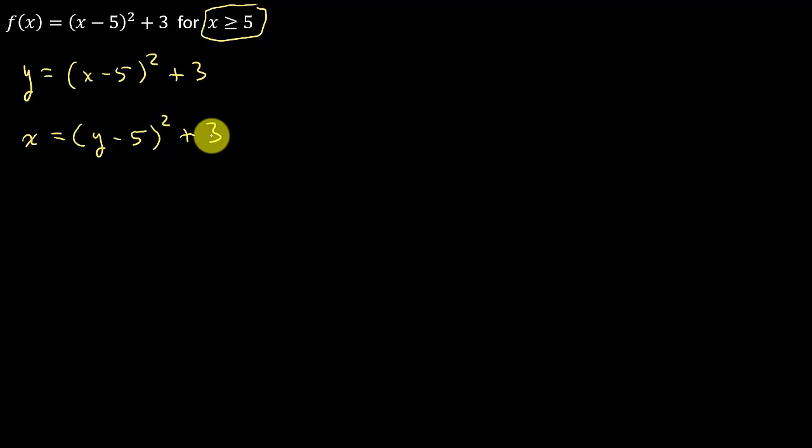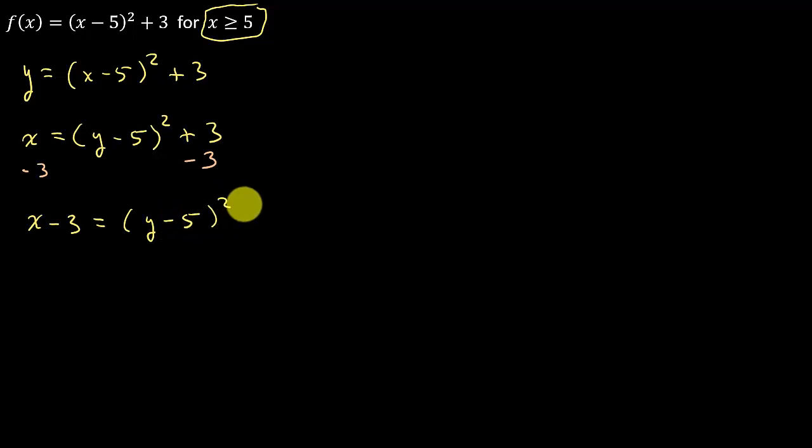Now we solve for y. First, I'm going to subtract 3 from both sides. That gives me x minus 3 equals (y minus 5) squared.